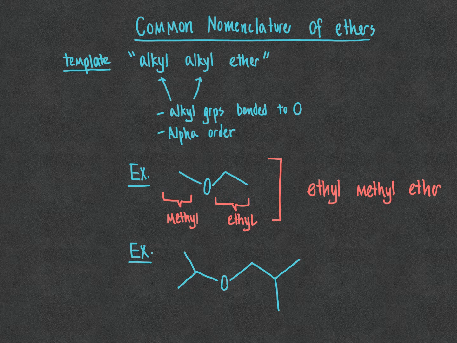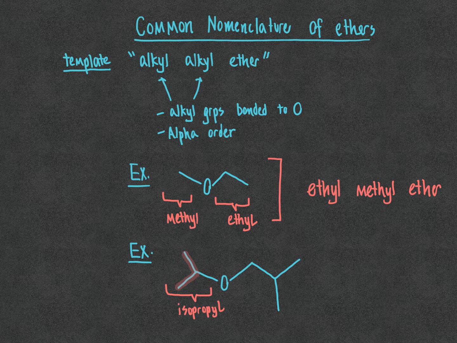How about naming this particular ether? Using common nomenclature, I'm going to take the same approach that I did for that simpler example up top. The group here, having 3 carbons in total, and being bonded at the central carbon to the oxygen of the ether group, makes this referred to as an isopropyl group. So I'm going to tag that as isopropyl.